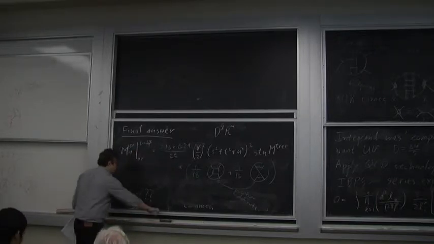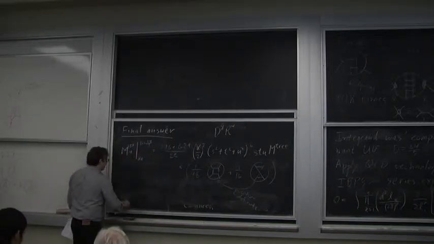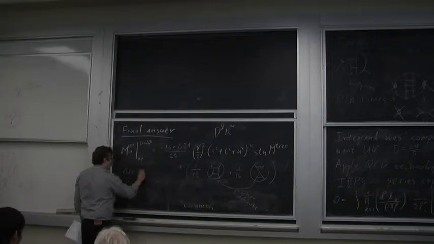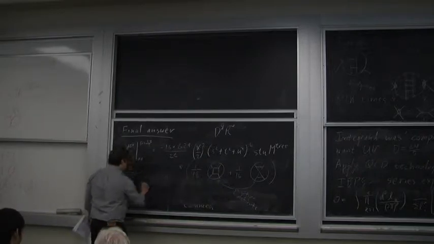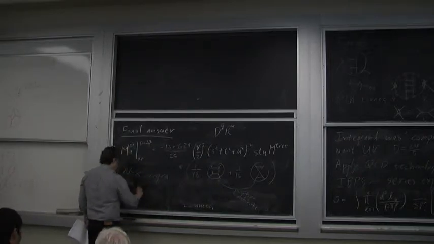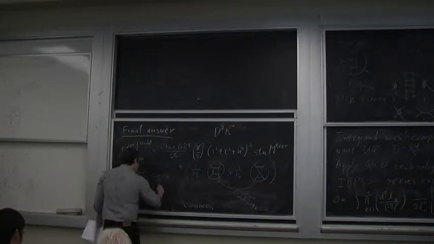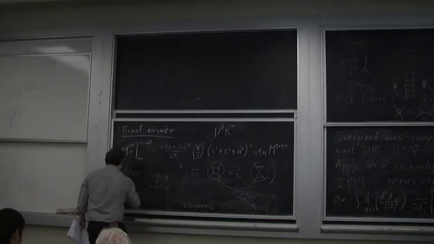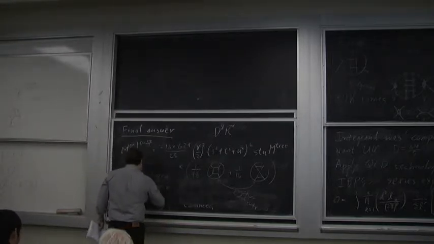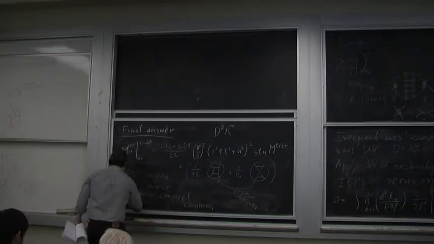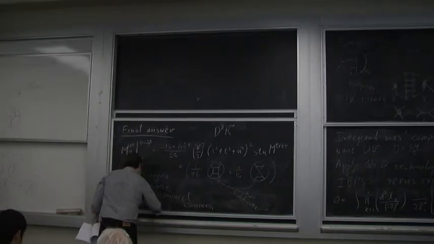And what that says, the punchline, is that n equals 8 supergravity has worse behavior compared to n equals 4 super Yang-Mills.